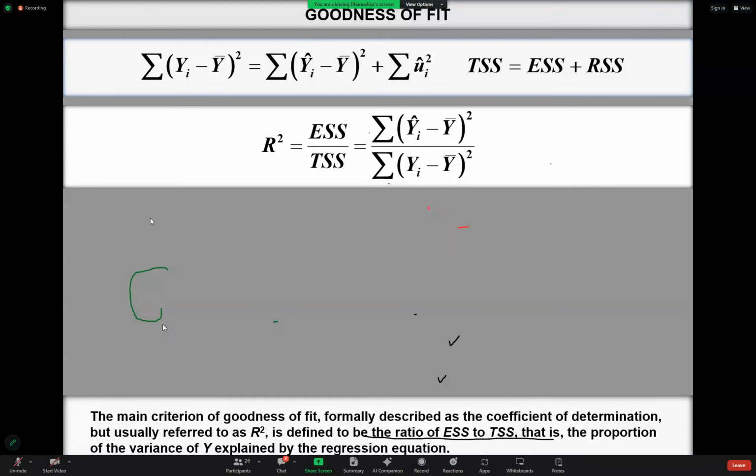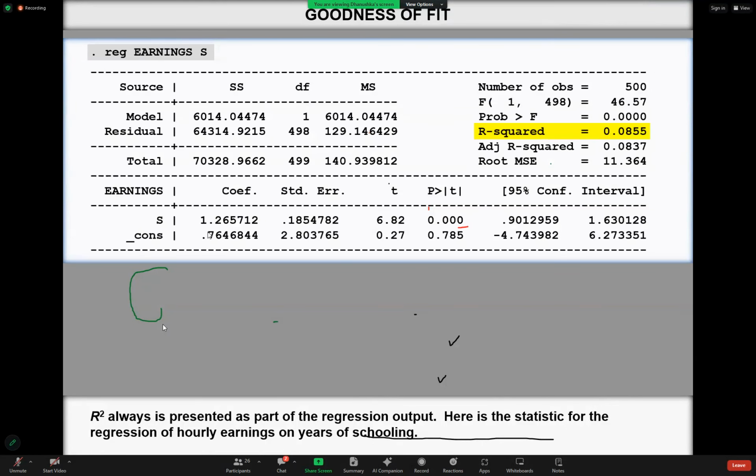Then in the next slide, now this shows how R square appears in regression output. If you run a regression model, R square you can see here. This is the value of R square. Then you should know how to interpret R square.